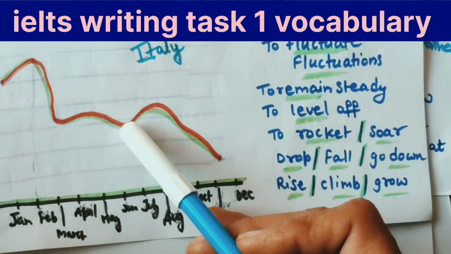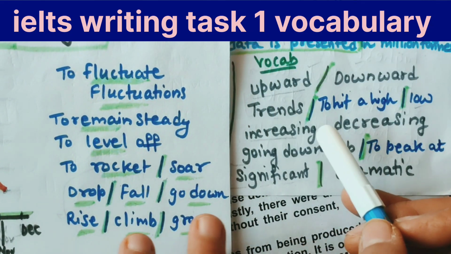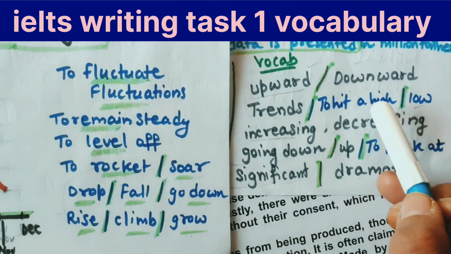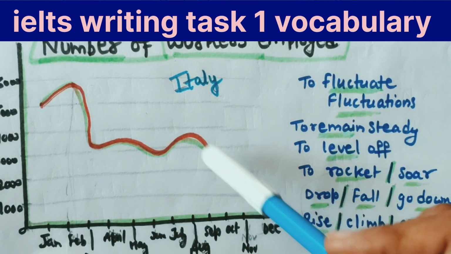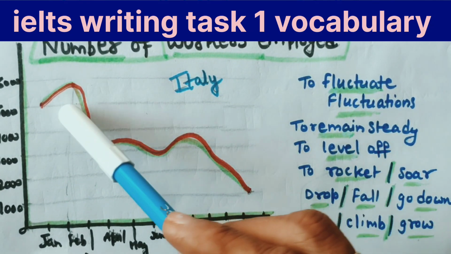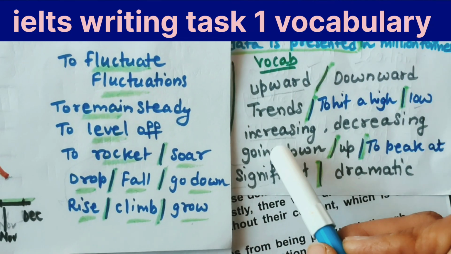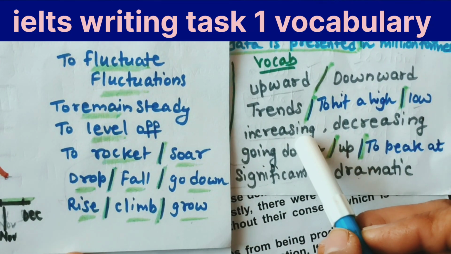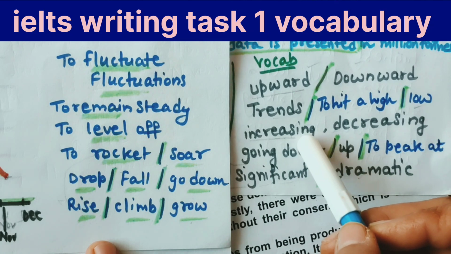And in fact, the behavior or pattern of the line graph you can also write about. Vocabulary: to hit a high means when the graph reached its highest point. So throughout the journey of this line graph, this is the highest point. For showing increasing, don't repeat the word in your writing task 1.